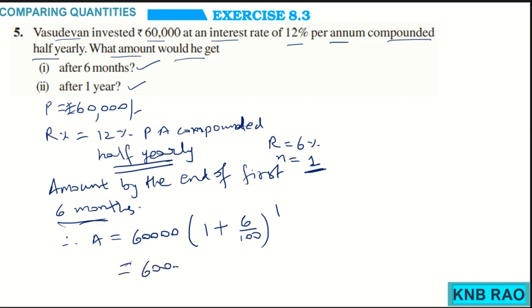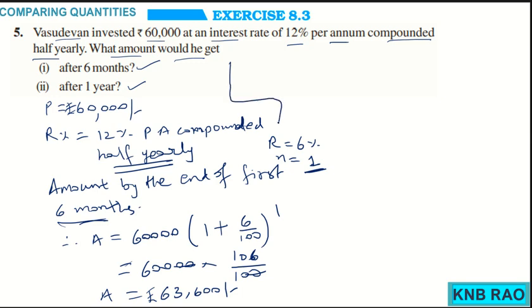So 60,000 into 106 by 100. So you know how to simplify. 600 into 106, you get 63,600 being the amount after 6 months.